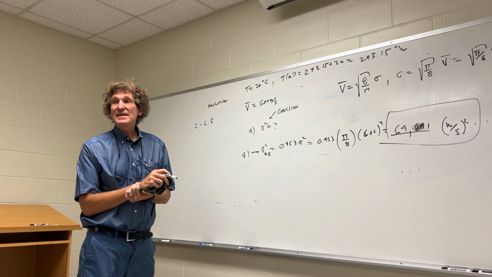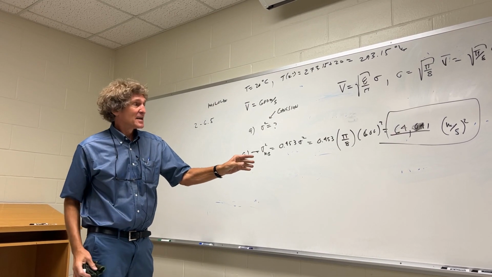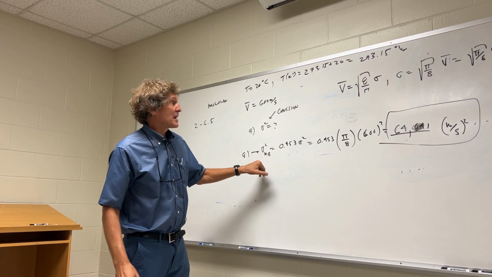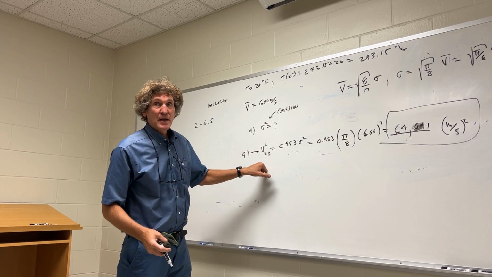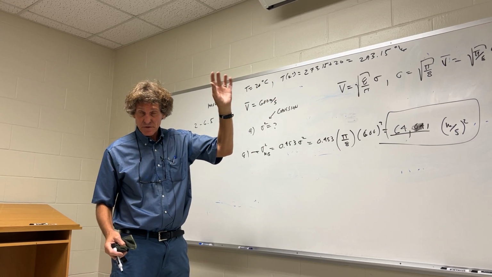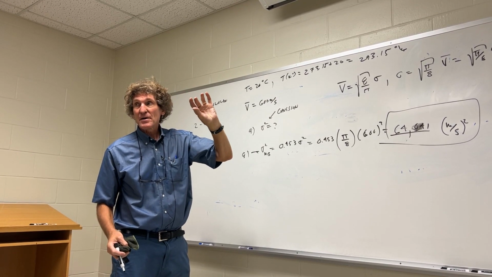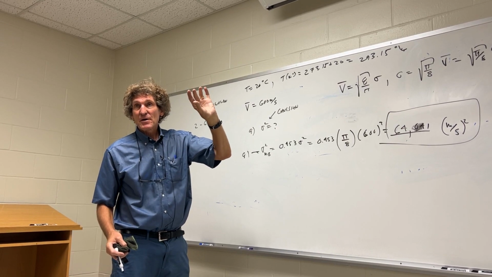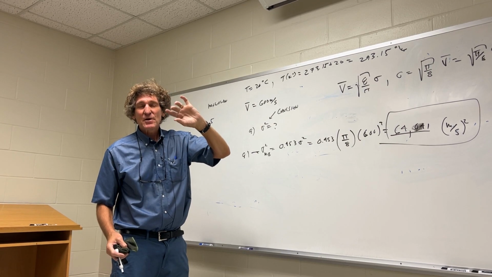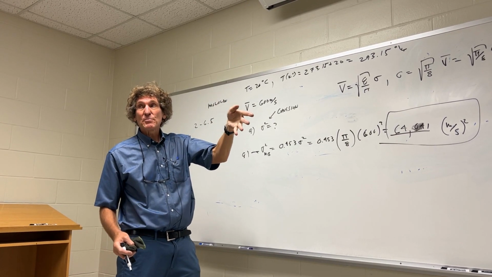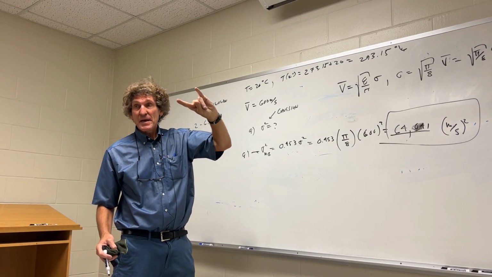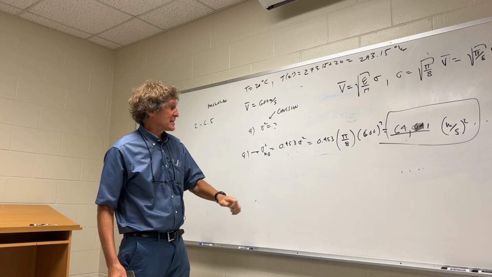Remember, you have to get the sigma from the Gaussian to get this. I need that value to get this value right here. In fairness, if I repeat that equation for the Maxwell distribution, the square root of 2 over pi, v squared over sigma cubed, exp to the minus v squared over 2 sigma squared, and multiply it by v minus the average value, then integrate from 0 to infinity, I'll get this.